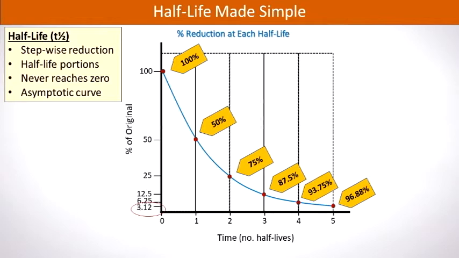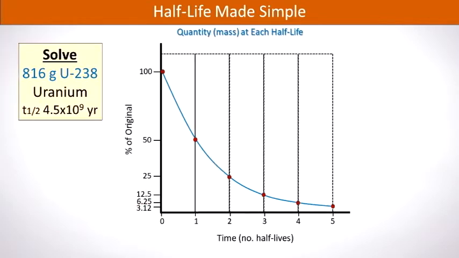So let's take a look at this half-life concept using an example. Let's take 816 grams of uranium-238 and carry it through 5 half-life cycles. First, note that we would have 816 grams originally at the 100% level. At the first half-life, which is 50%, we would have 816 times 1/2 for 408.